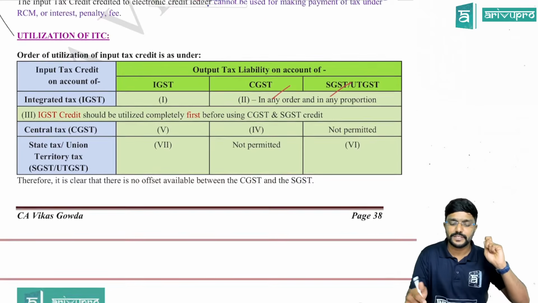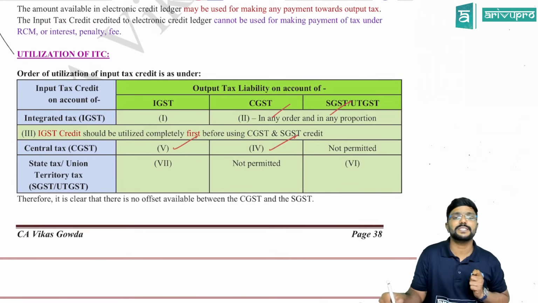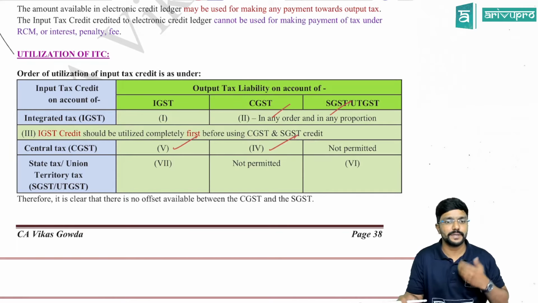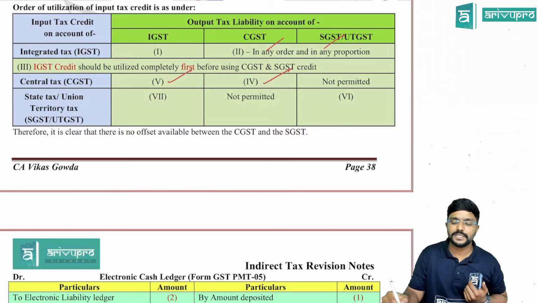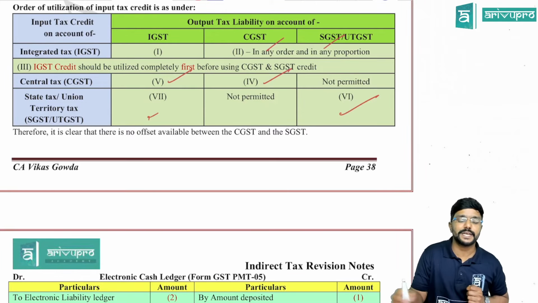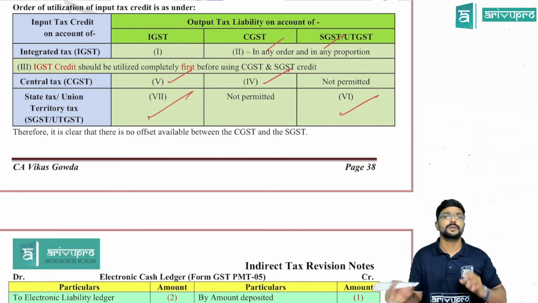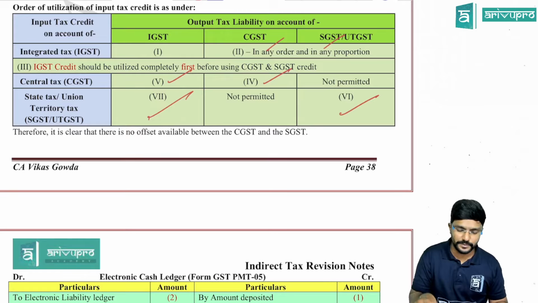CGST credit will first be utilized against CGST liability. If still something is pending, then it will be adjusted against IGST liability. Then coming to SGST or UTGST credit, first it will be adjusted against the same category liability. If still something is pending, I will adjust it against IGST liability. No cross utilization against CGST and SGST is possible.